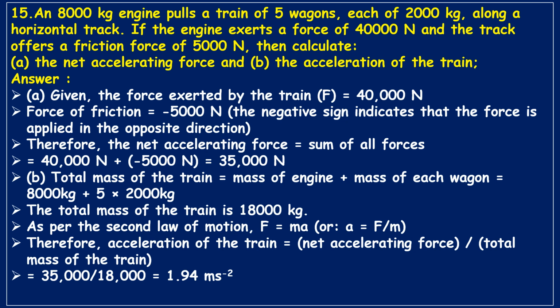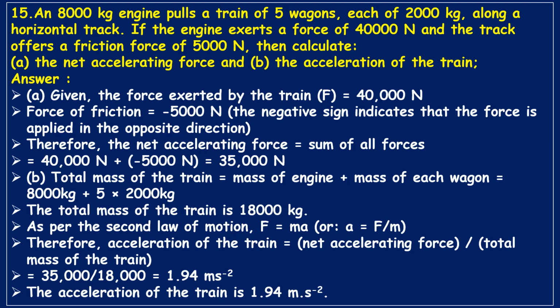The train is moving with an acceleration of 1.94 meter per second square. See my dear students, here we have to consider both the forces acting on the train: the engine force, which is 40,000 newtons, as well as the friction force, which is 5,000 newtons.